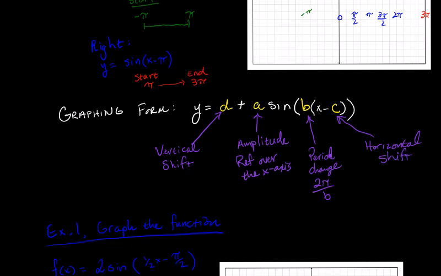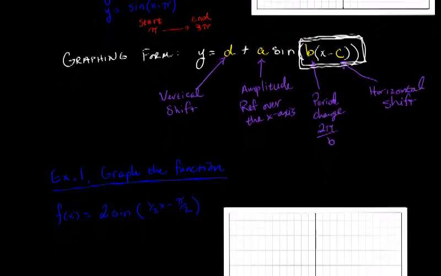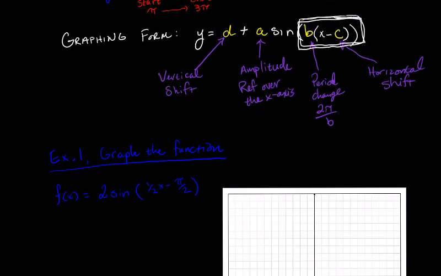Okay, and the last thing I'll say about this is take a look here and notice that I've tried to write it this way. I don't know if textbooks really write it this way, but I've tried to write the inside in factored format. Because if you take a look at this first example, you can't see the horizontal shift until there is a coefficient of 1 in front of the x.